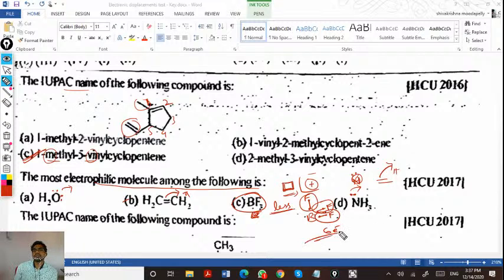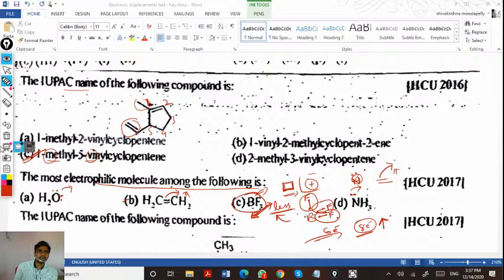According to the octet rule, the molecule having 8 electrons around its central atom will be stable. So it needs electrons. The species which requires electrons, or is drawn towards electron density, is an electrophile, which is nothing but an electron lover.